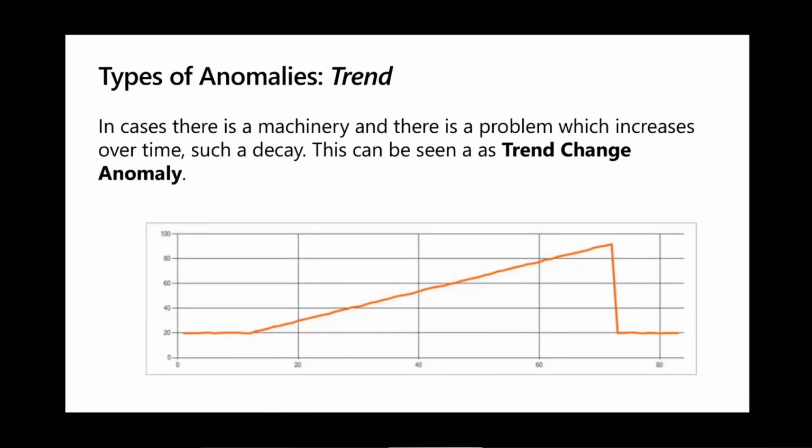A trend is something where a value, for example, increases over time until probably something breaks. You also want to know about that because this is a pretty common scenario for predictive maintenance, when you have a machine which over time changes behavior and then suddenly breaks. This is how to detect it.